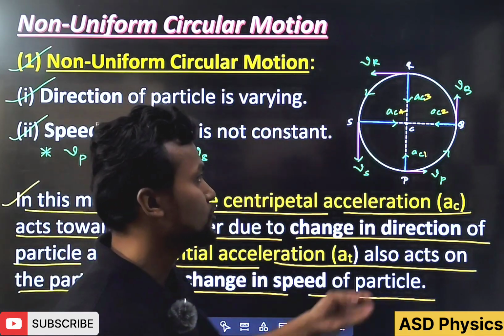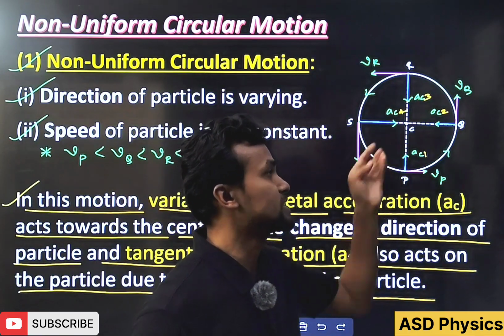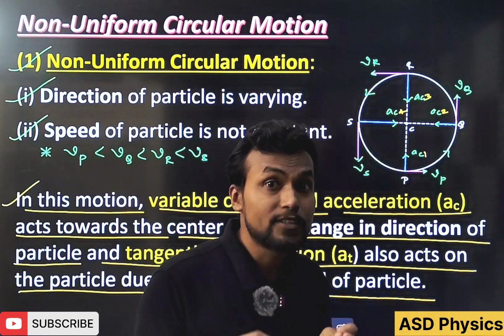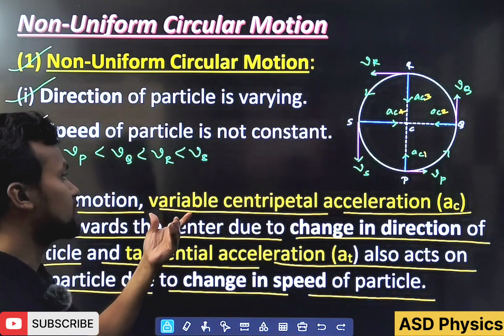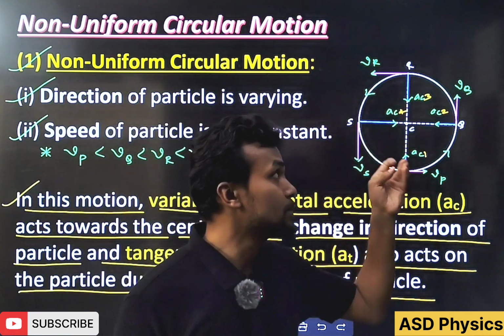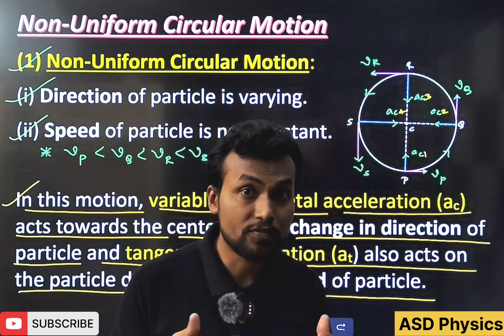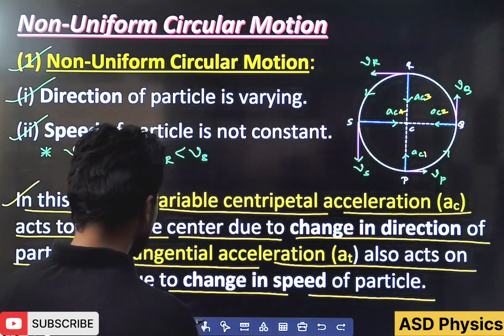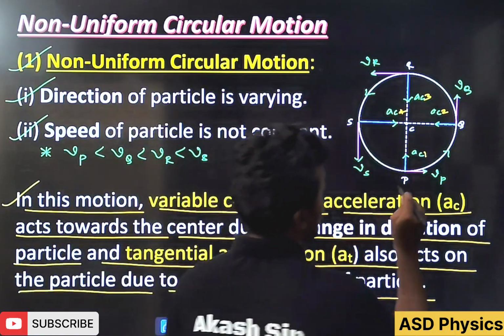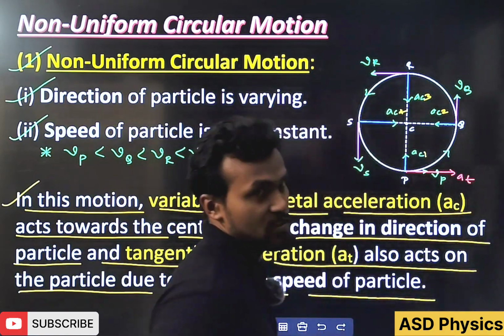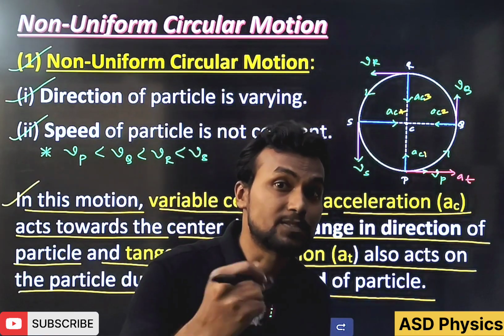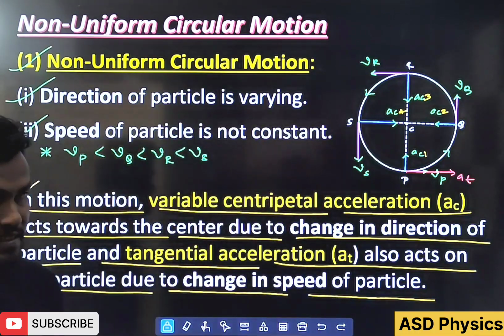As I have told you, Ac1, Ac2, Ac3, Ac4, the magnitude of the acceleration is not the same, it is varying. That's why we have written variable here. This centripetal acceleration is there due to the change of direction, and a tangential acceleration will also be there. As the speed keeps on increasing, the tangential acceleration will be in this direction, because as I have told, the speed is increasing. So kindly see here.